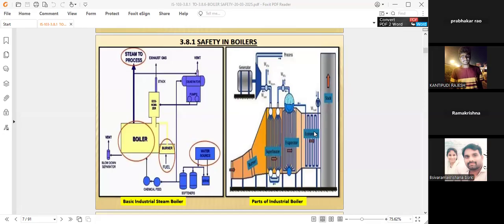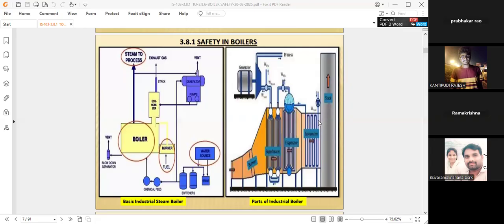It will go to the ESP. After the economizer, in between the economizer and the chimney, there is an ESP. That is called an electrostatic precipitator or bag filter. This is not shown here, actually it should be here.